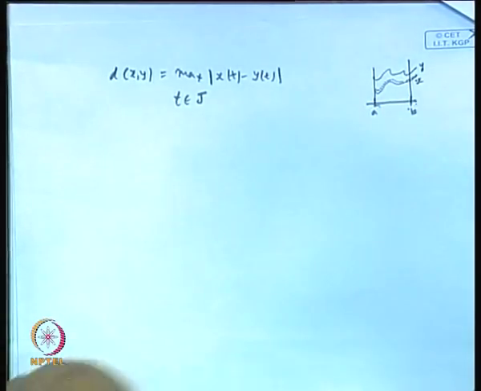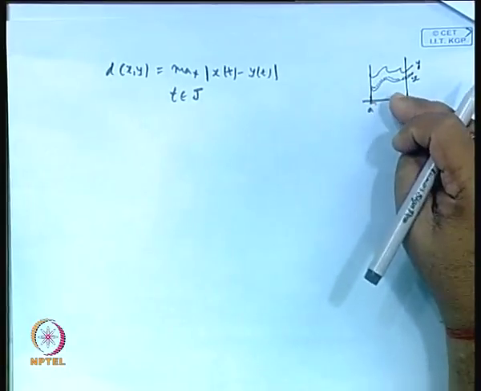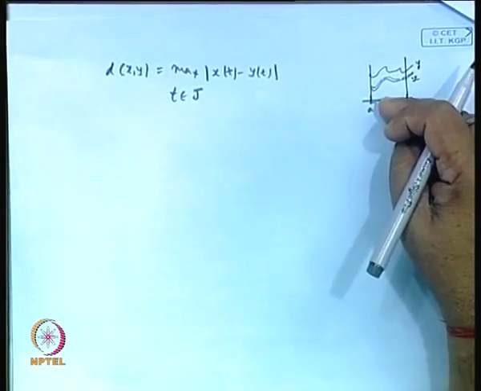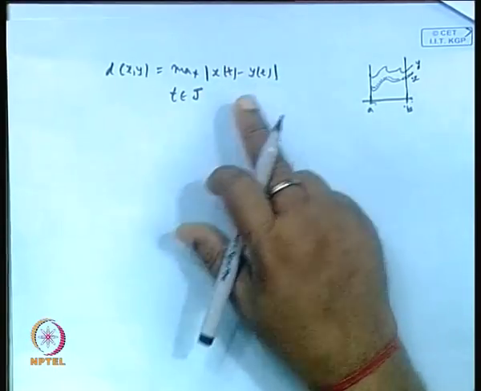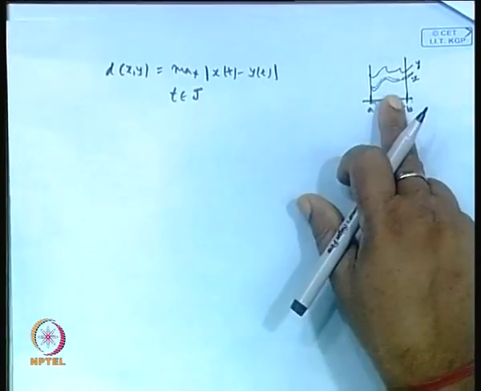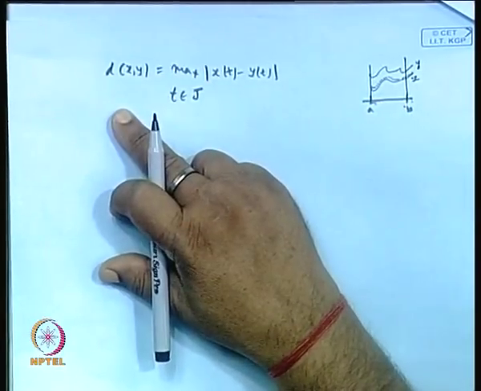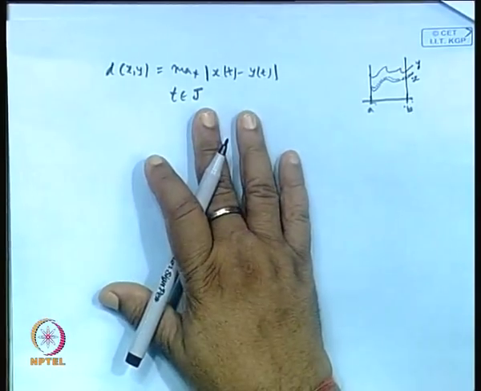Otherwise, the maximum difference will not go to 0. If there is a slight change in x and y values, the difference can never be 0. So, if d of x y is 0, the maximum difference is 0, which means x and y must be identical, and vice versa. If x equals y, obviously d of x y will be 0. So, this satisfies the second condition also.